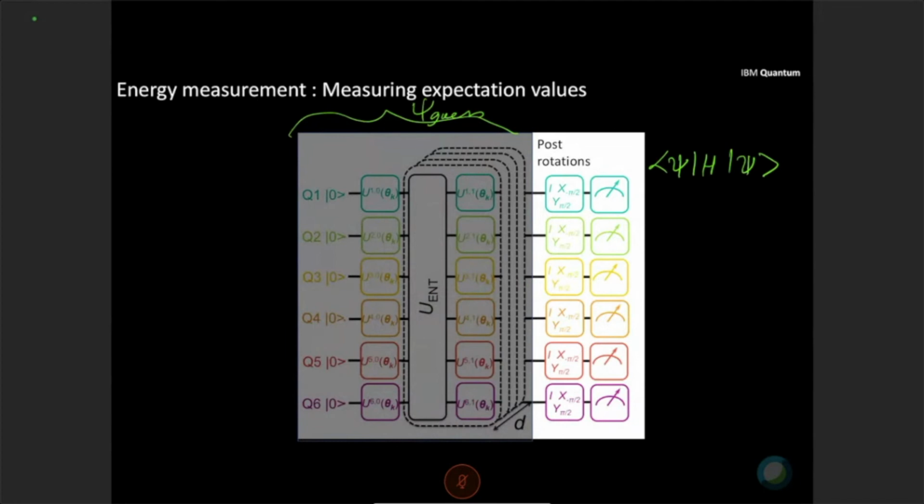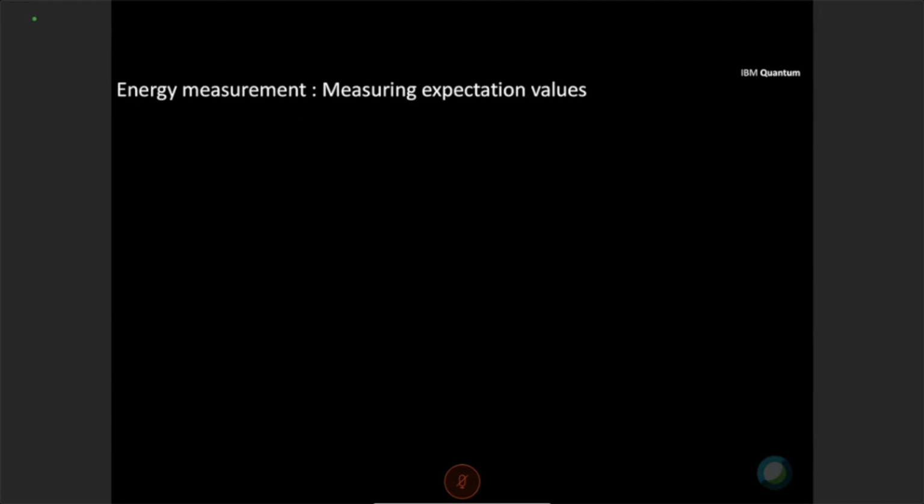Okay, and let me now walk you through a very simple example. I'm just going to come up with some example. This is not necessarily a fermionic Hamiltonian mapped. All right, and once again, this is a tensor product of two Pauli matrices.